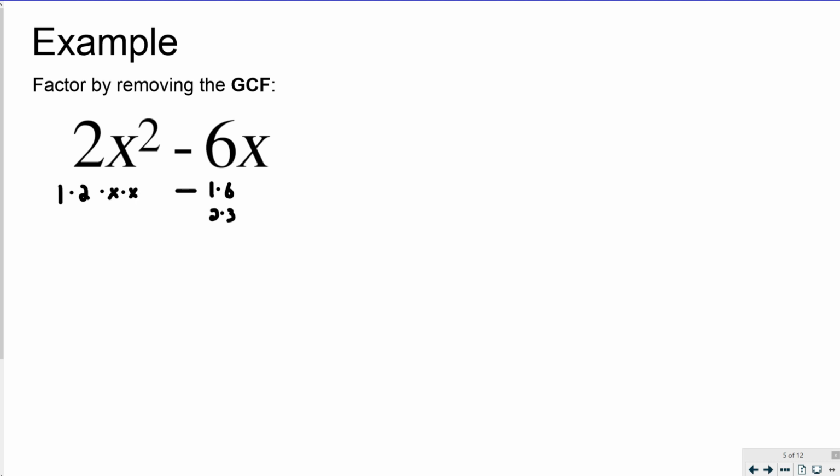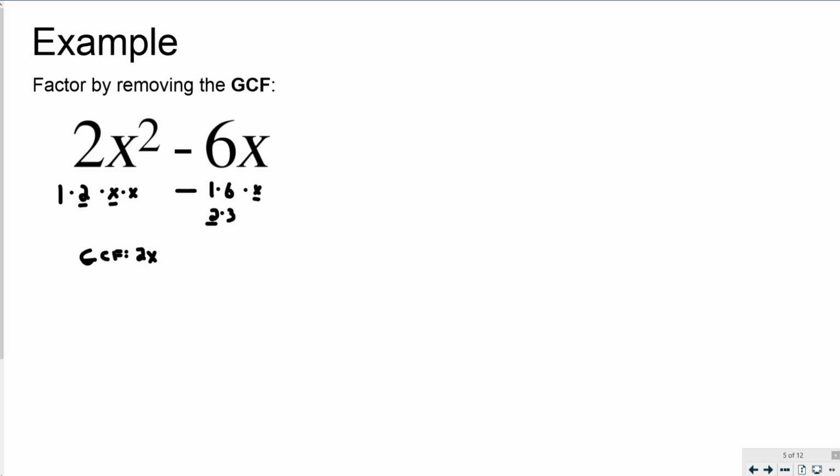So x squared breaks down into x times x, and this one breaks down into x. I've got a 2 in each term, and each term in the polynomial has an x as well. So the GCF of this expression is 2x.